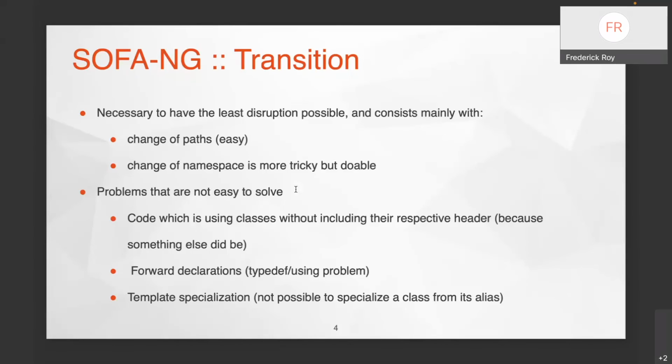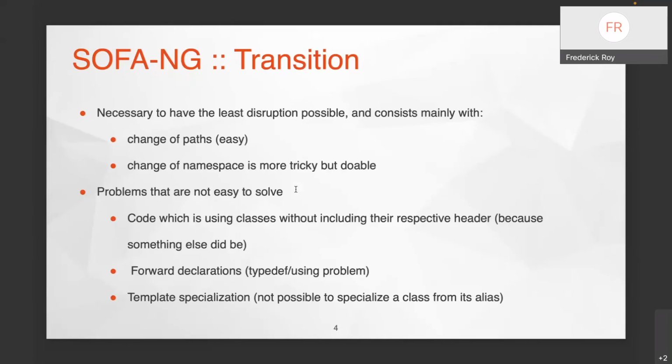And the third one is template specialization. It's mostly, for example, for SOFA-CUDA and multi-threading. SOFA-CUDA was just using, for example, mechanical object, and is maybe doing a specialization for CUDA types, or CUDA vector 3 or something like that. And you cannot do a specialization with aliases, because in the transition I'm using aliases, but you cannot specialize a class from its alias.